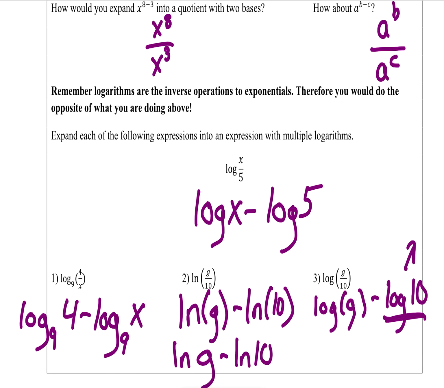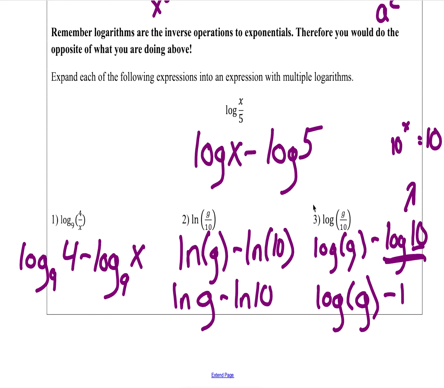The base on log is 10, the exponent we don't know is x, and that is equal to our argument, which is 10. So what power would 10 have to be in order to equal 10? Well, that would be the first power, so that would equal 1. So it would be log of g minus 1. So that would be our final answer for 3.